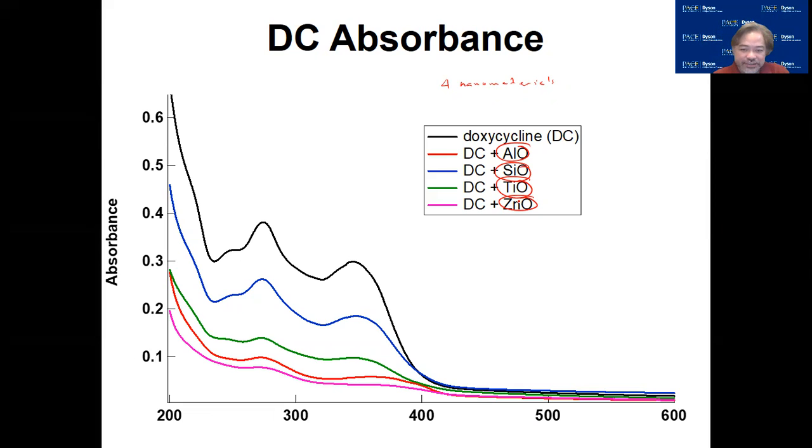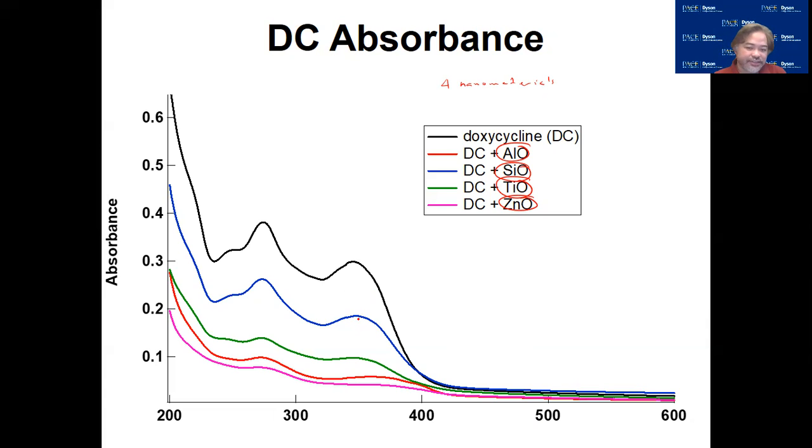As you could see here in the results, this is the one that has no nanomaterials. They have the same concentration as the other one. The only difference is that you add nanomaterials.